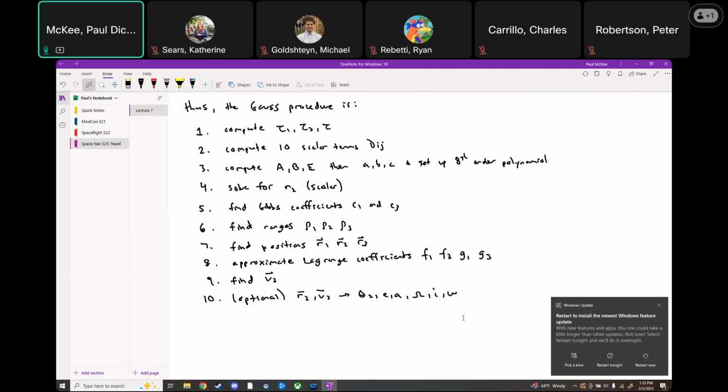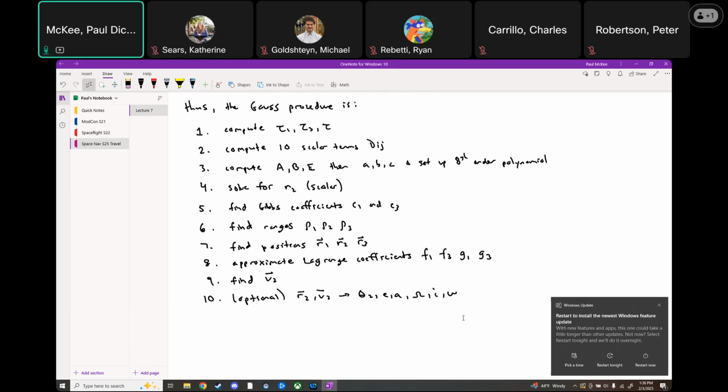So you can see how, because we're starting with less information, line of sight directions to a target over time, we have to do quite a bit more math. And also, this math had some assumptions built into it. So let me pause, let people catch up. Can anybody remind me or point out any assumptions or shortcomings of Gauss's method? We're assuming a very small time interval between measurements.